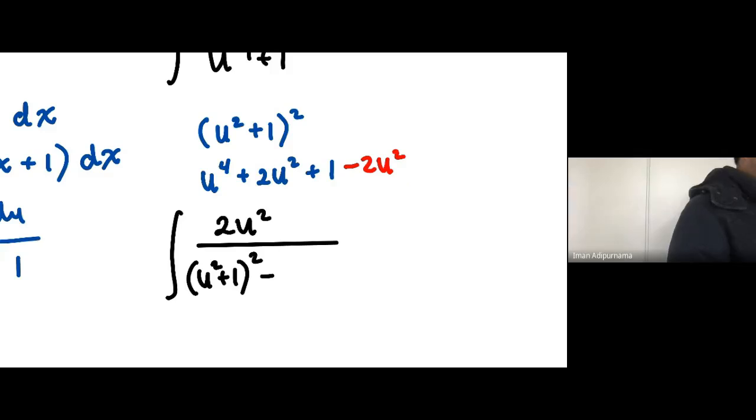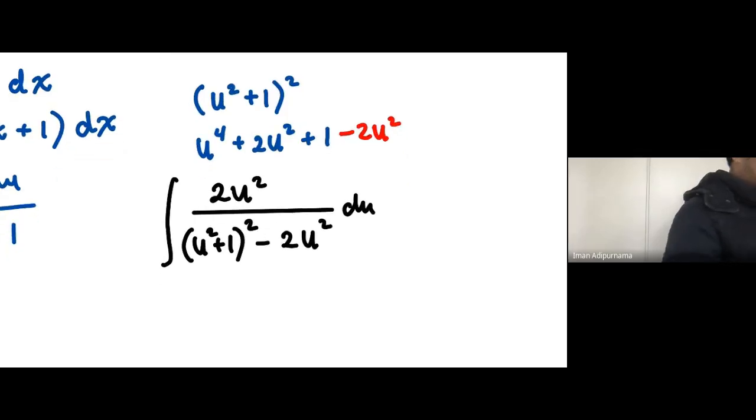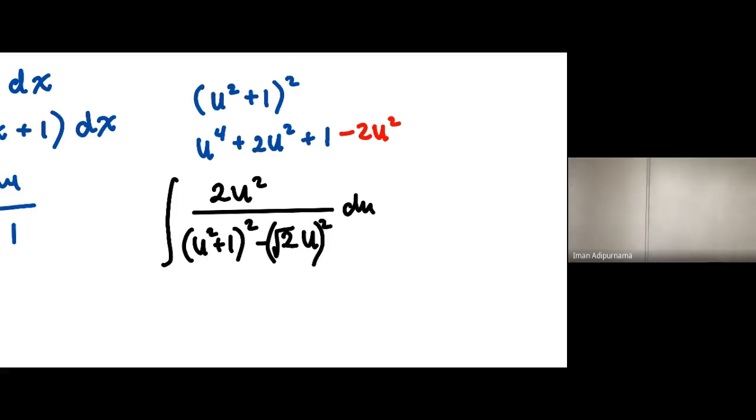And then I need to minus 2u squared. Okay, at least a little progress, right? Okay, if I write this 2u squared as a square, I can write square root of 2u and then squared. It's the same as 2u squared, right?